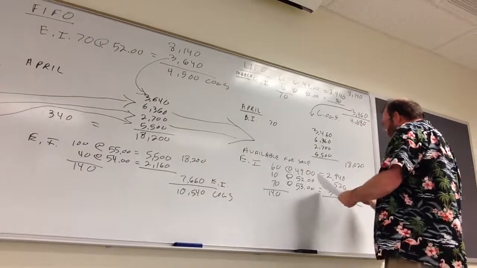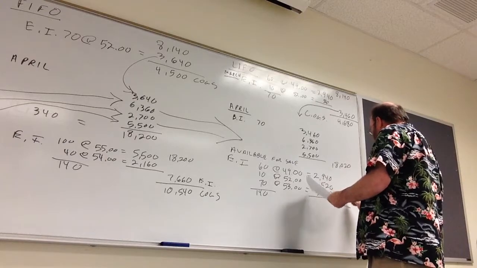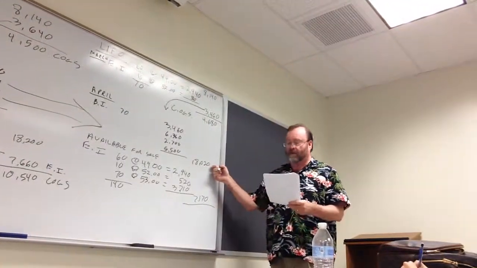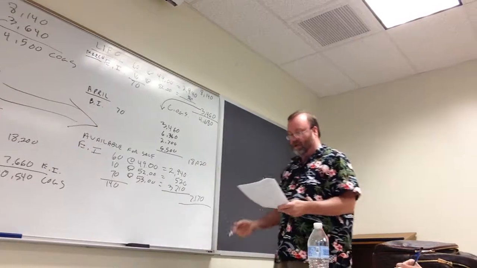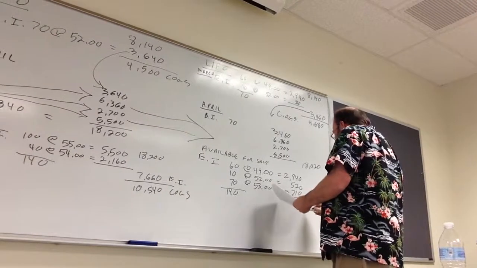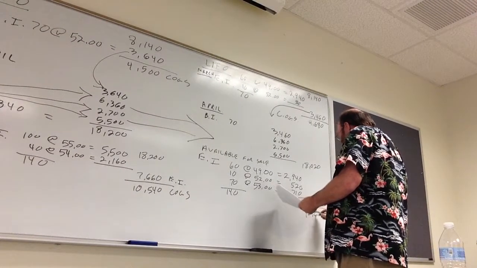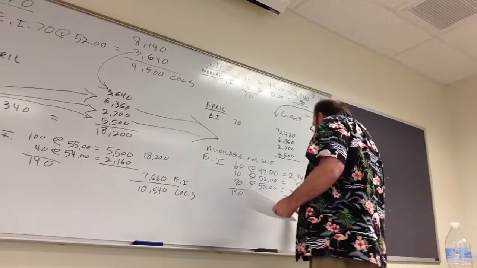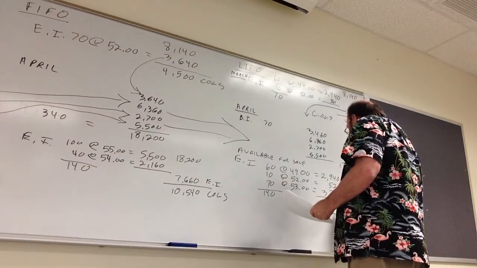Add all that together, you get 7,170. Subtract it from the 18,020 total cost of goods available for sale, and we get 10,850 as cost of goods sold.